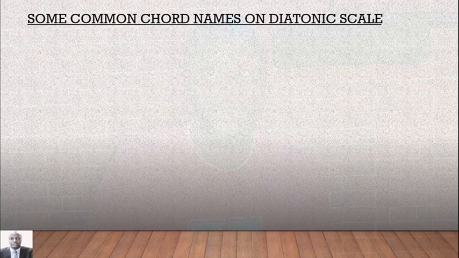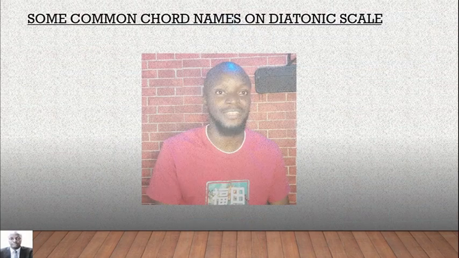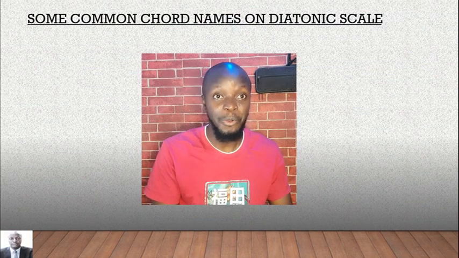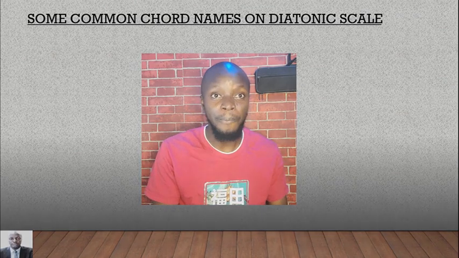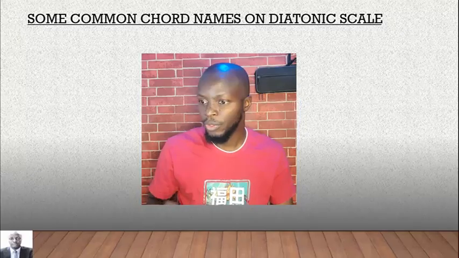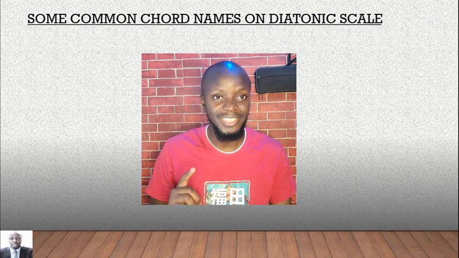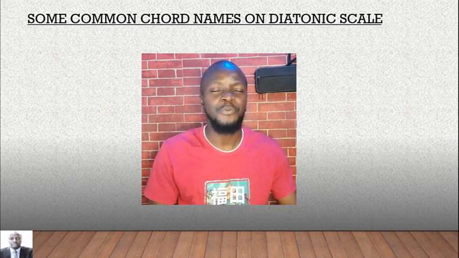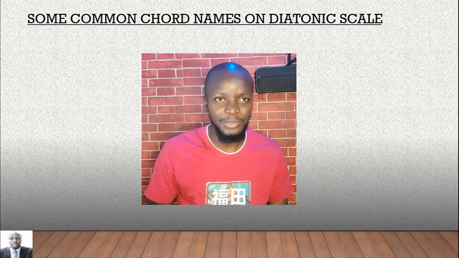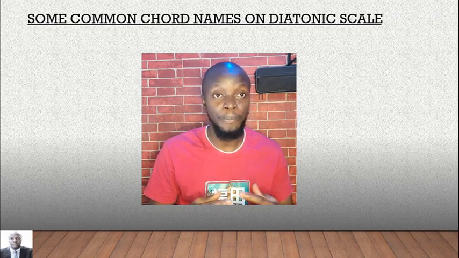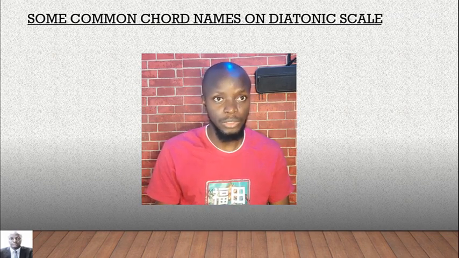And that brings us to the discussion of sheet music. All right, so there are some chord symbols written on sheet music that you can actually interpret to accompany a piece of music. So we want to talk about some common chord names on diatonic scales. We have so many other kinds of chords anyway, but we're going to talk about some basic chords on diatonic scale.